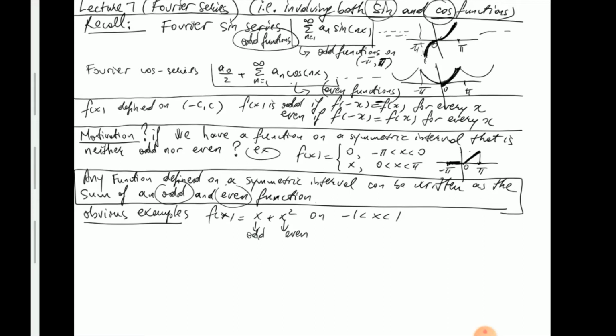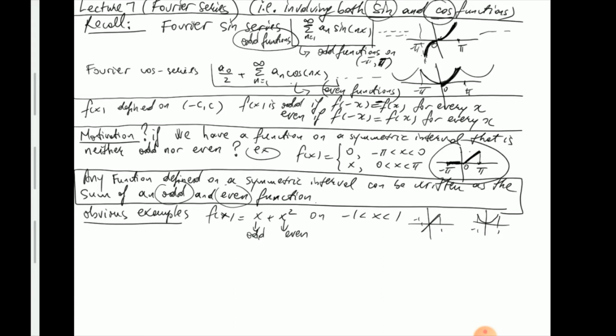I hope it's clear why x is odd: if you sketch x between minus 1 and 1, it's symmetric with respect to the origin, and x squared between minus 1 and 1 is symmetric with respect to the y-axis. So sometimes we don't even have to do anything fancy. We can already see in the problem which is the odd and which is the even part. But sometimes that's not obvious, especially if the function is piecewise defined like in my example here.